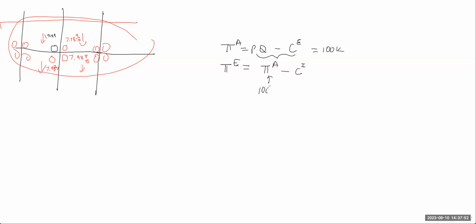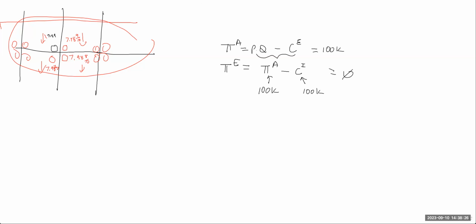Well, we know this is 100,000. This implicit cost is the cost of the alternative. Well, what is the alternative here? Opening a gas station somewhere else. And we know that is a profit of 100,000. So that's why economic profit is 0. All right, we'll move on. That's something we'll learn more in the next chapter. Just kind of want to introduce it to you guys so hopefully we can embed this into your head.